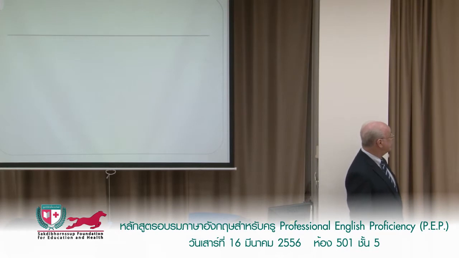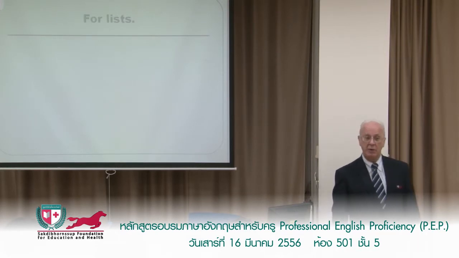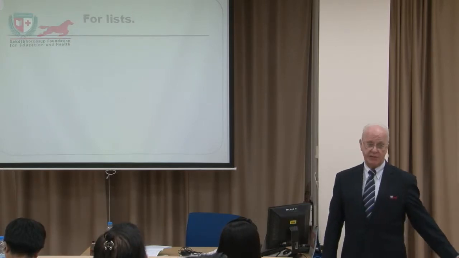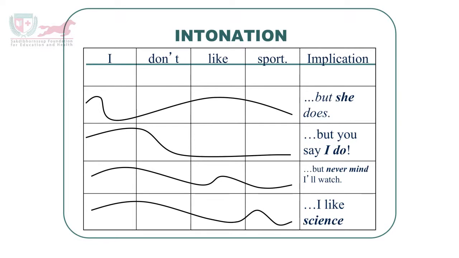Right, we're going to look at lists now. Again, when I first came to Thailand and talking with colleagues, sometimes I got confused because of not the words, but the intonation. So let's look at the intonation for lists. Now we start with a yes-no question.